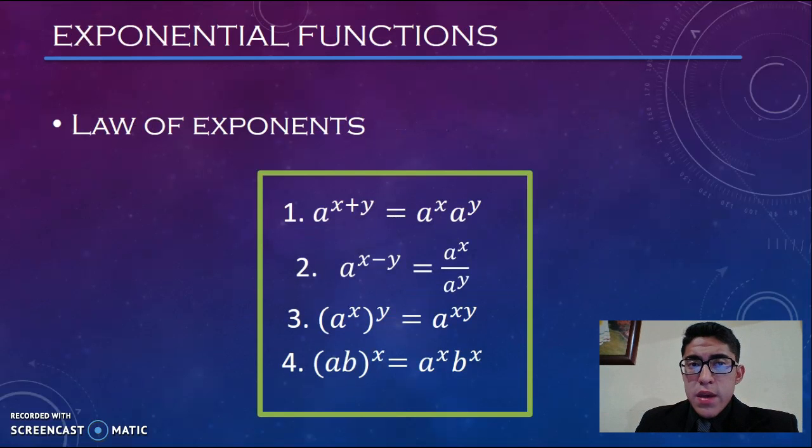If a and b are positive numbers and x and y are any real numbers, then we have the following laws of exponents. First, a^(x+y) is equal to a^x times a^y.